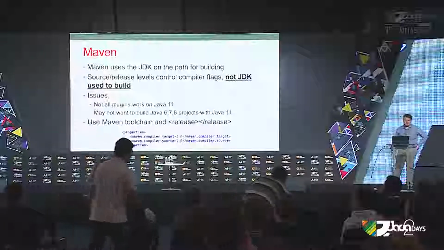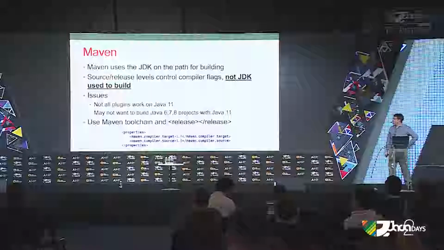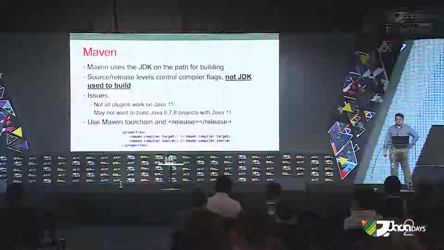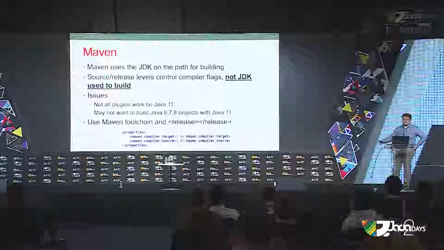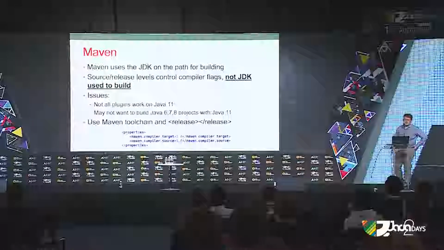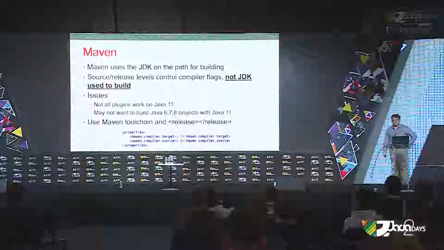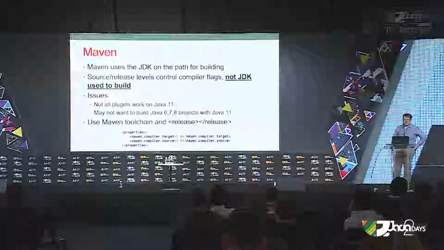Maven uses the JDK and the class path for building. So the source levels that everyone sets control the compiler flags, not the JDK used to do the actual build. So in order to actually use a specific JDK for doing the build, you need to use one of the more recent features that was added to Maven, which is the toolchain support, where you specify where the JDK is.